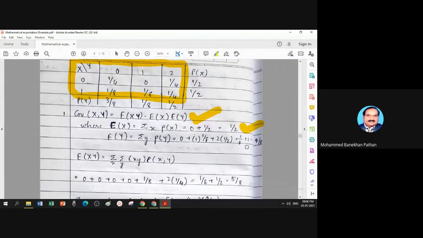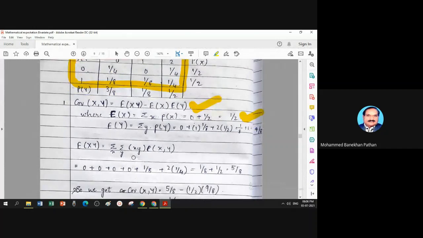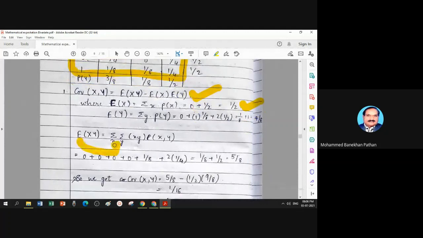E of XY. Now under expectation, for two variables, E is replaced by two sums. That is the logic. Whatever is inside, put it inside and multiply by the joint probability.